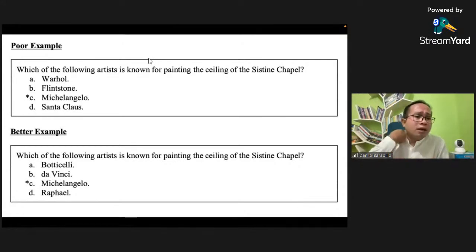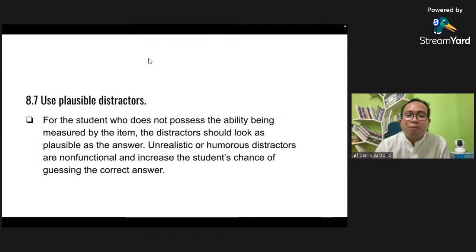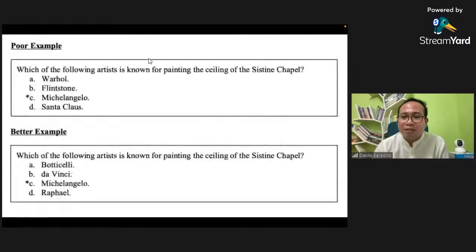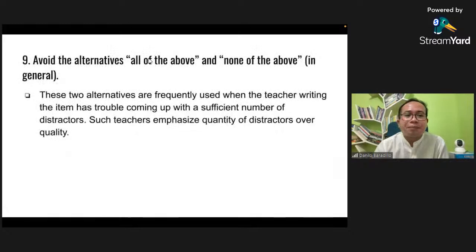But if you look here, Flintstone or Santa Claus, these are things we can laugh at. An alternative should not be something so funny. So make sure that we use plausible distractors. Not the funny ones.